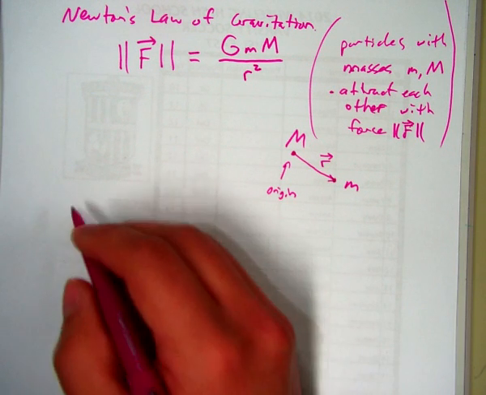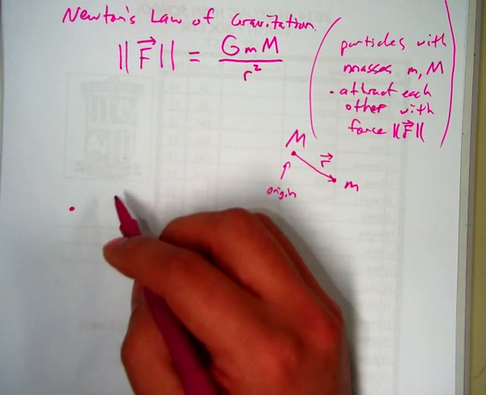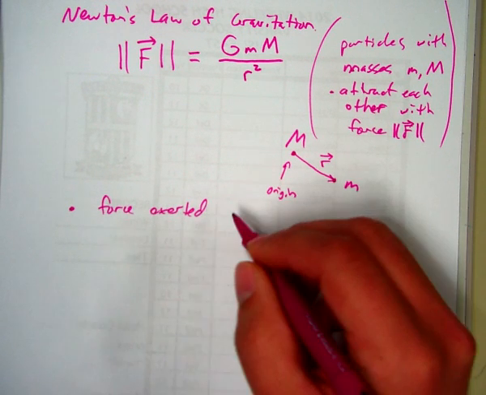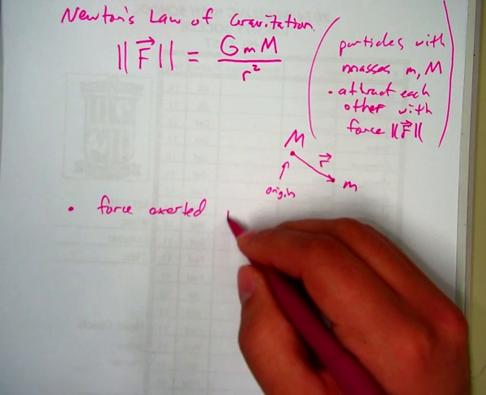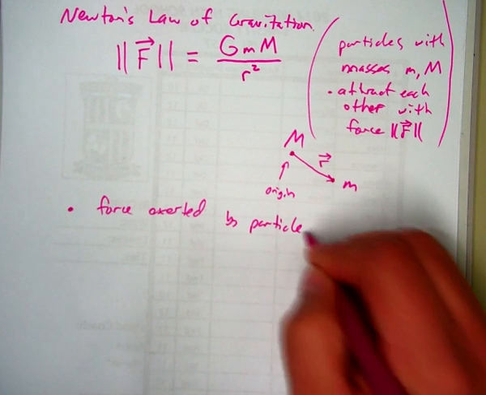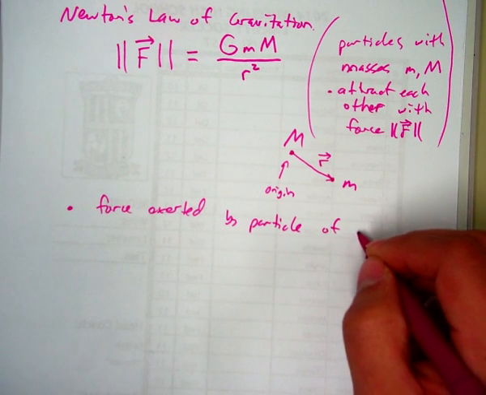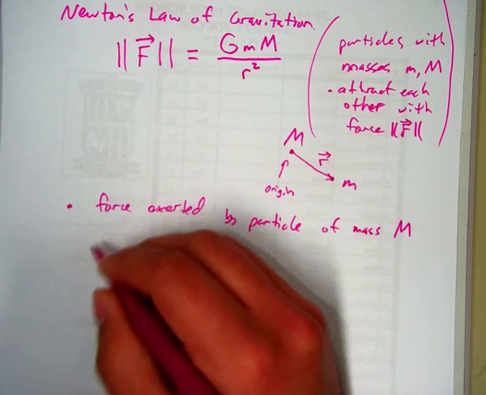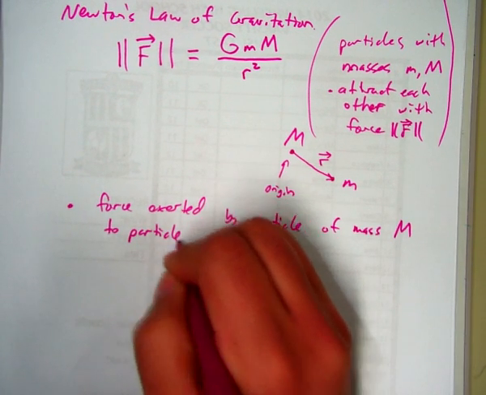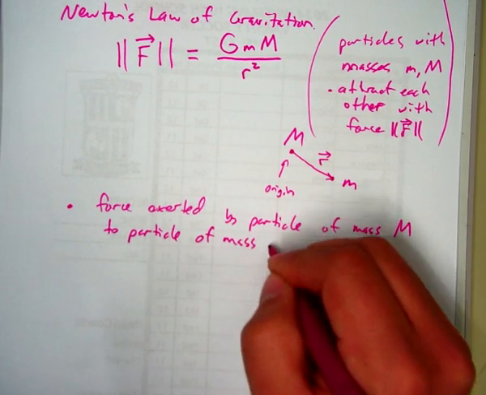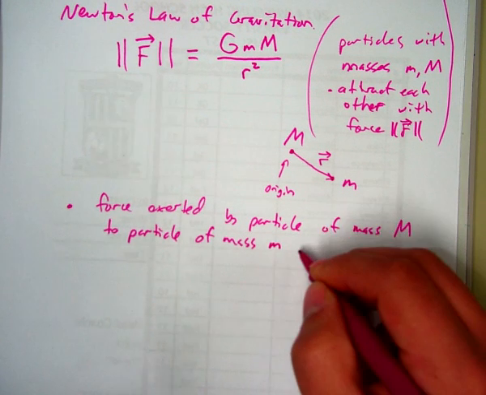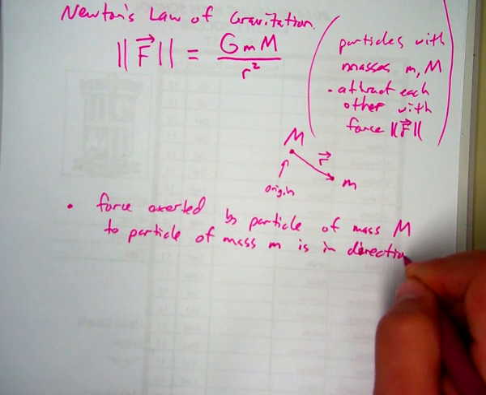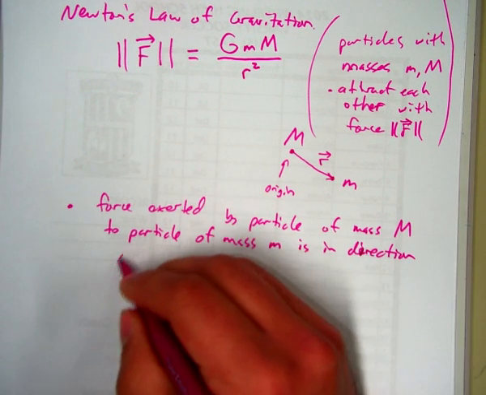Then we can say a couple things. One, that the force exerted by the particle of mass big M on the particle of mass little m is in the direction of a unit vector.